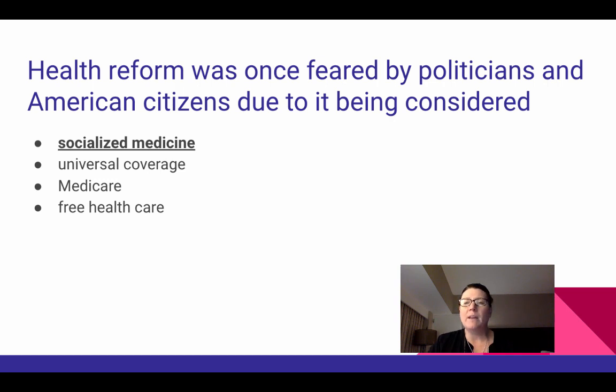As we know now, many countries, like Canada, Sweden, and the UK, have socialized medicine, and it doesn't mean that it's negative or problematic. Sometimes socialized medicine can provide a lower level of quality of care, not because they're providing poor care, but because it's hard to access at times due to waits and whatnot.